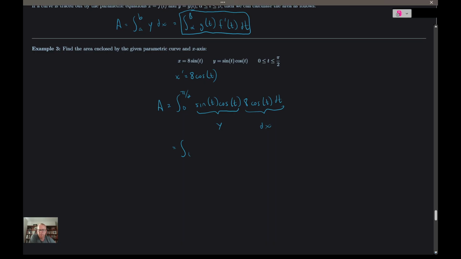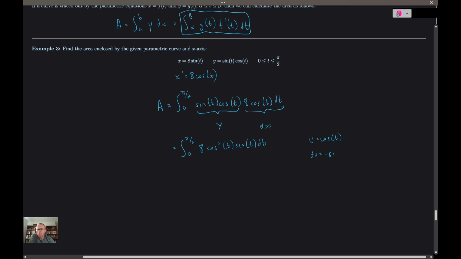So here we have our y, so y dx, and here we have our dx. So now let's see what we can do with this. Let's simplify this. So we have 8 cosine squared t sine t, and this should be something we should be able to integrate. We did this earlier in the semester. Maybe use substitution. So u equals cosine t, du equals negative sine t dt.